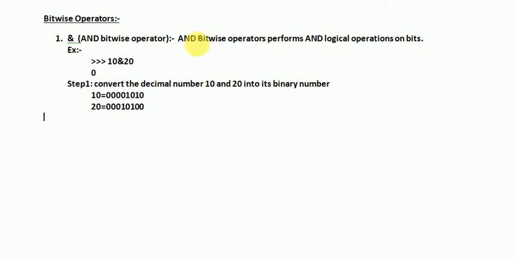Now the second step we will follow. In step 2, apply the AND bitwise operator to these two binary numbers.